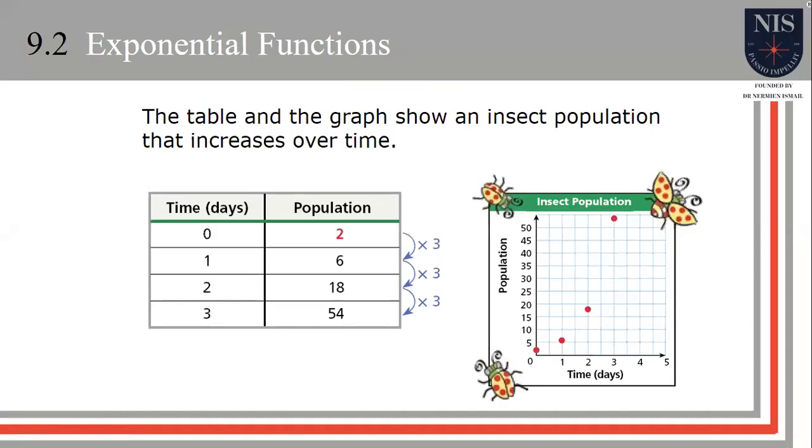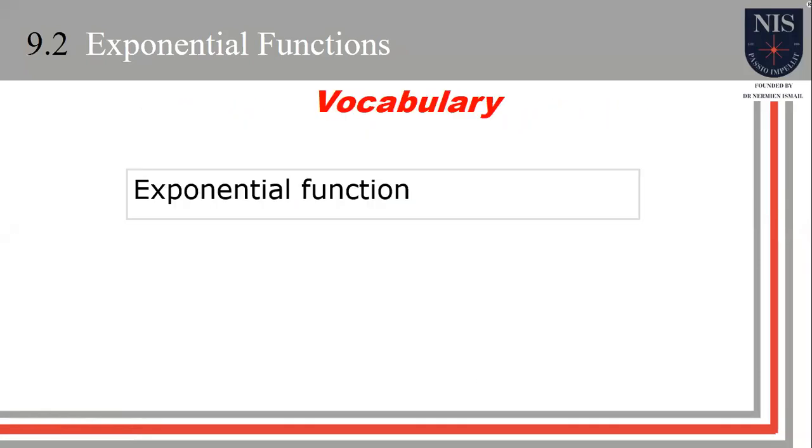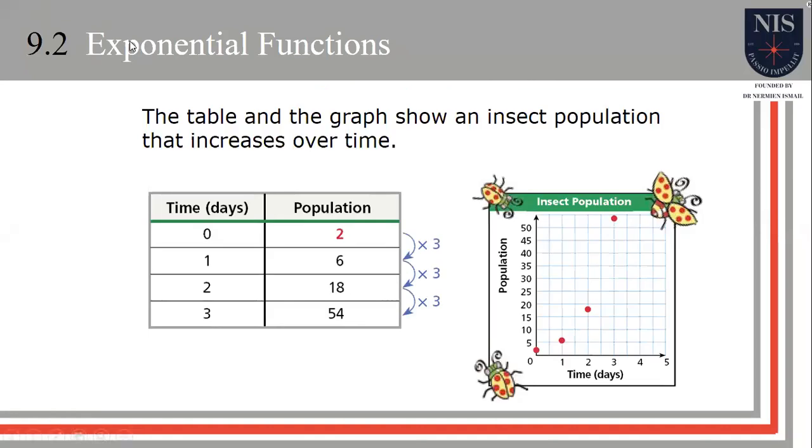And we need to understand how we can say this one is an exponential function. We have a table like this; the table and the graph show an insect population that increases over time. Then, the days are the time, and the population.